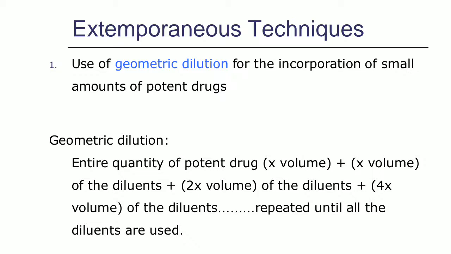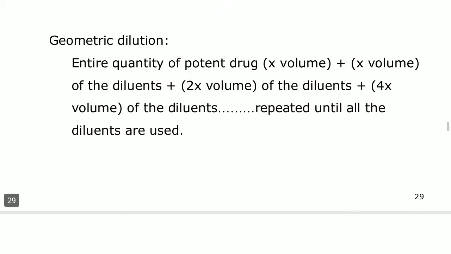The potent drug is placed upon an approximately equal volume of the diluent in a mortar, and the substances are slightly mixed by trituration. Geometric dilution: entire quantity of potent drug plus an equal quantity of the diluent, plus 2x volume of the diluent, plus 4x volume of the diluent, repeated until all the diluent is used.